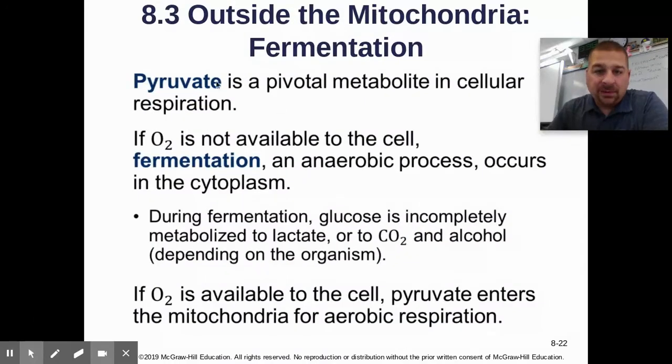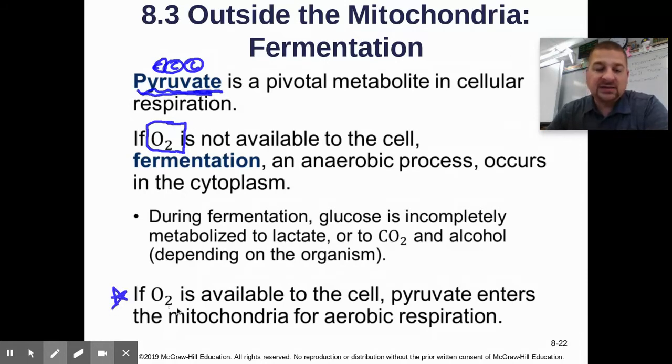When we talk about the process of fermentation, remember that we ended up in glycolysis, splitting glucose into two 3-carbon pyruvates. Now those 3-carbon pyruvates are what they call a pivotal metabolite. Depending on whether oxygen is available to the cell or not determines the fate of that pyruvate.